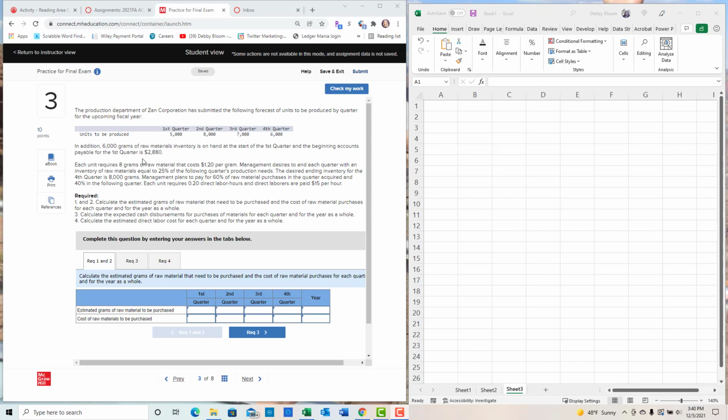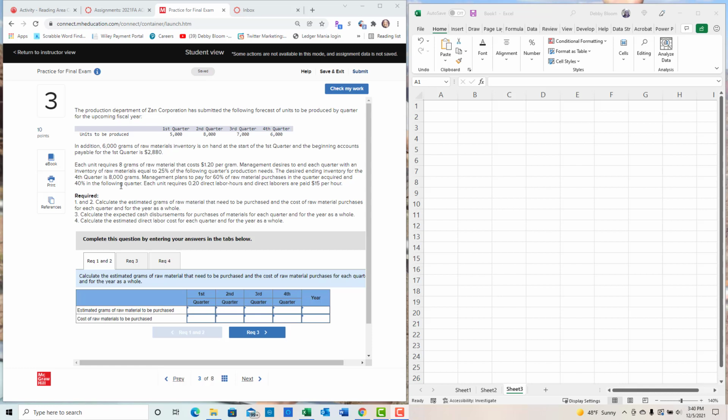This is not sales, this is production. In addition, 6,000 grams of raw materials inventory is on hand at the start of the first quarter, and the beginning accounts payable for the first quarter is 2,880. Each unit requires 8 grams of raw materials that cost $1.20 per gram. Management desires to end each quarter with an inventory of raw materials equal to 25% of the following quarter's production needs.